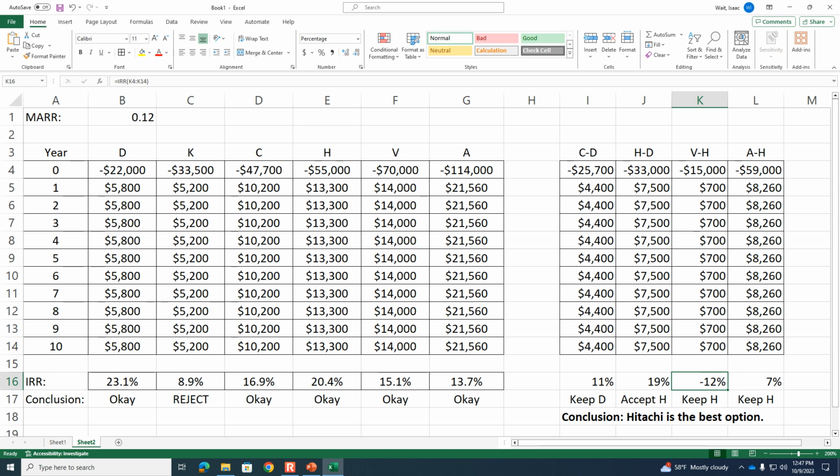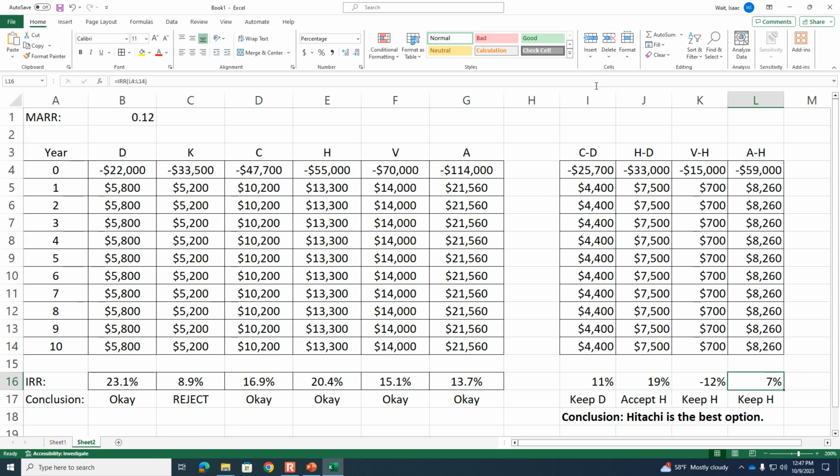So that means we reject Volvo, keep Hitachi, and then in the final matchup of Atlas versus Hitachi, we only have a 7% rate of return on the increment. That's less than the minimum, so that means stick with the less expensive of those two options. Keep Hitachi. So our overall conclusion: Hitachi is the best option.